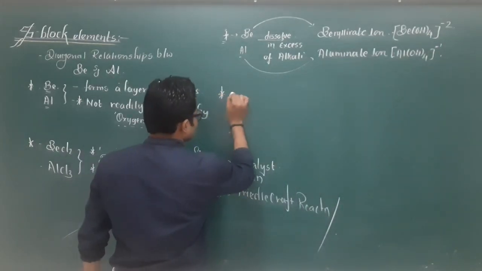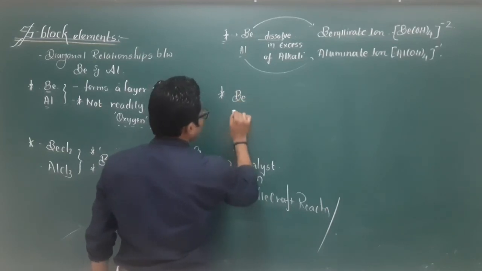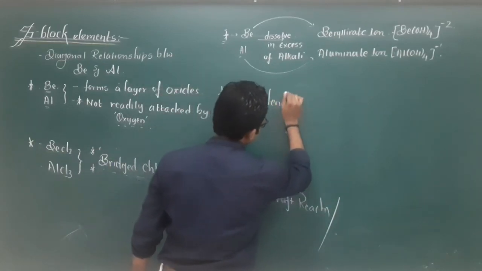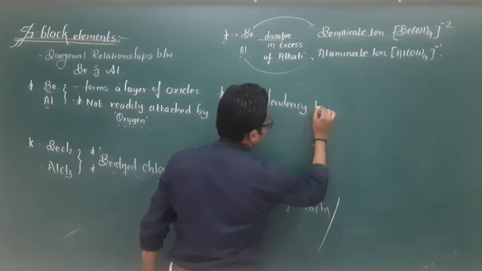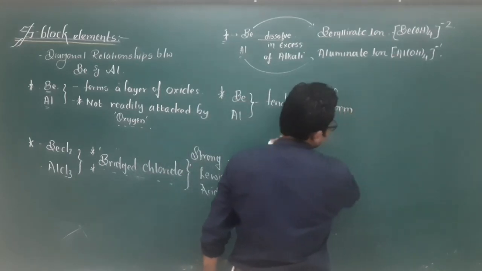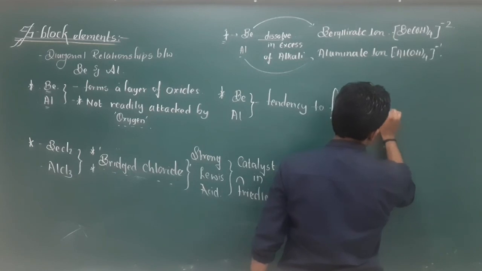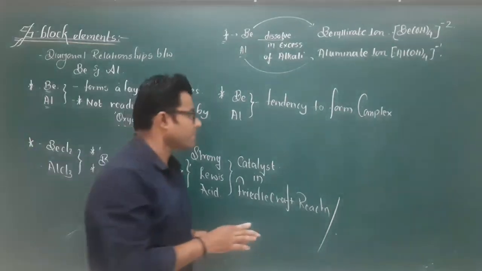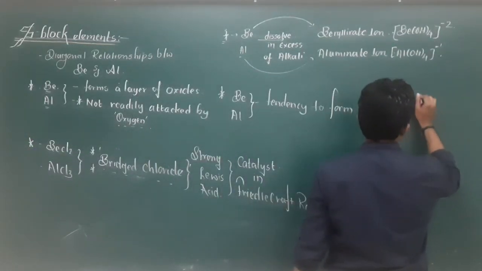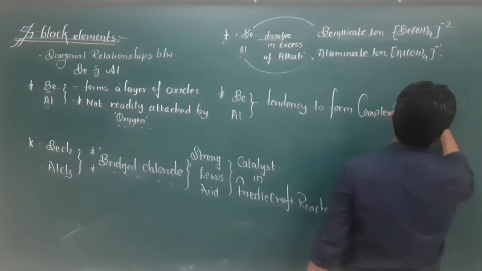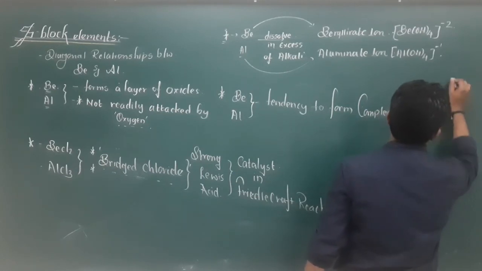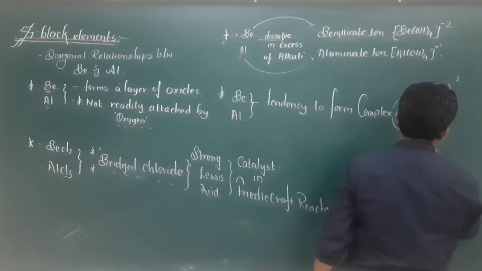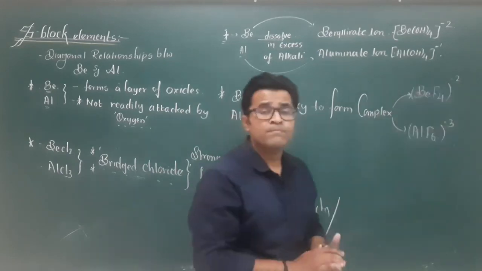In both cases, Be and aluminium, both have a tendency to form complexes, such as BeF4 2- and AlF6 3-.